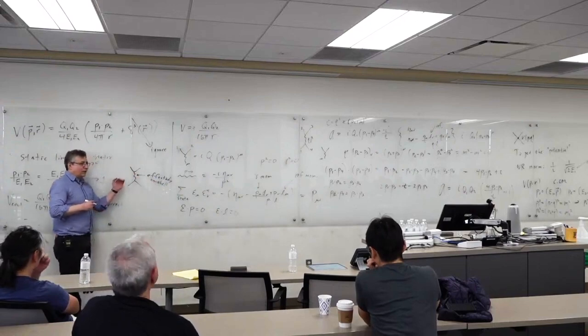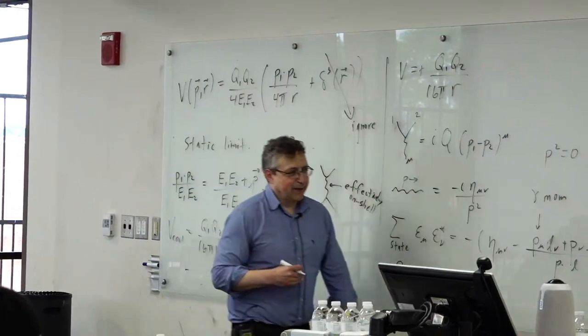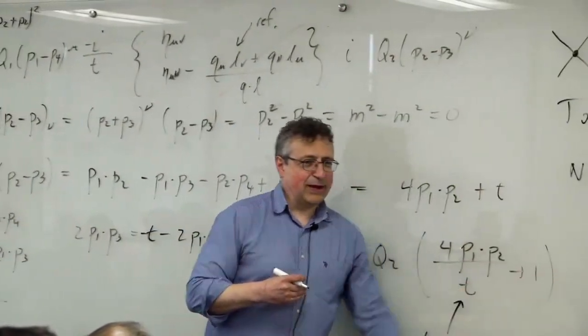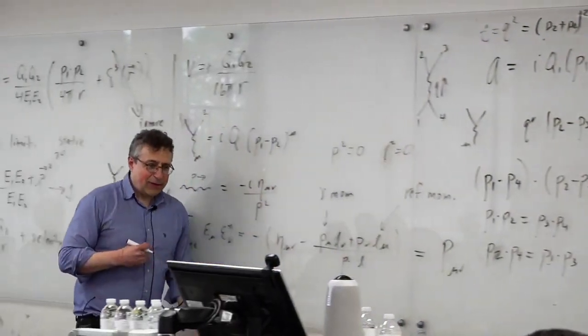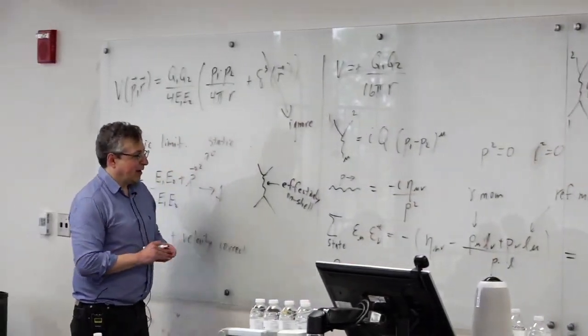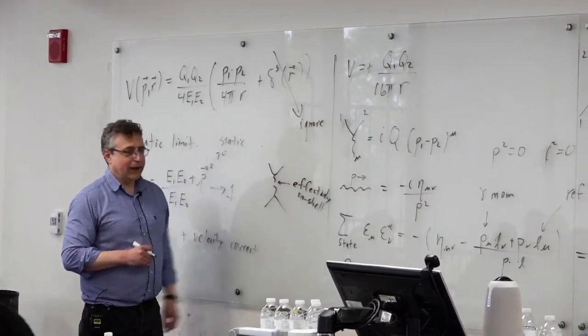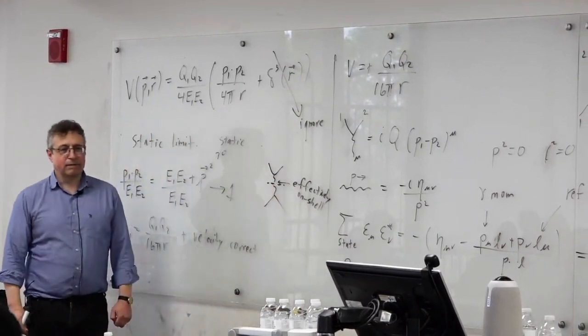I can take t goes to 0 because I'm only interested in the singular part of t. I'm not interested in that. If I take t goes to 0, then effectively I'm on shell. And that means I can now start doing it by putting this on shell in the middle.